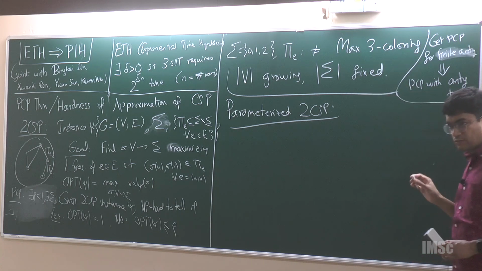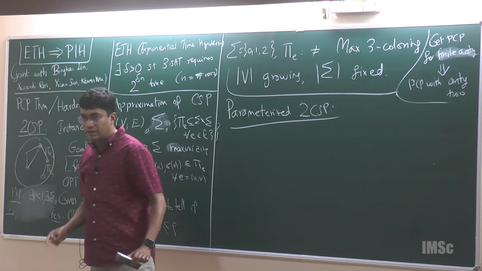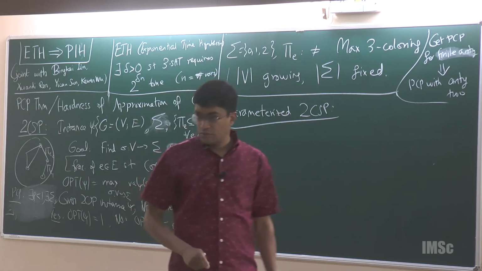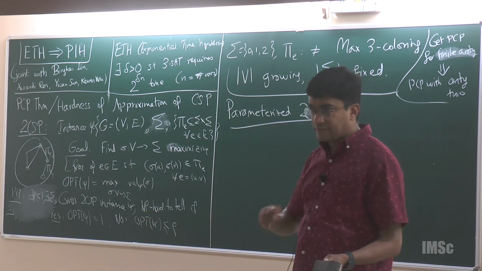So I'll just throw this in as well. If instead of 2 CSP you got 1000 CSP, where the constraints depend on 1000 things, you can convert it to 2 CSP, but the price you'll pay is the alphabet size.